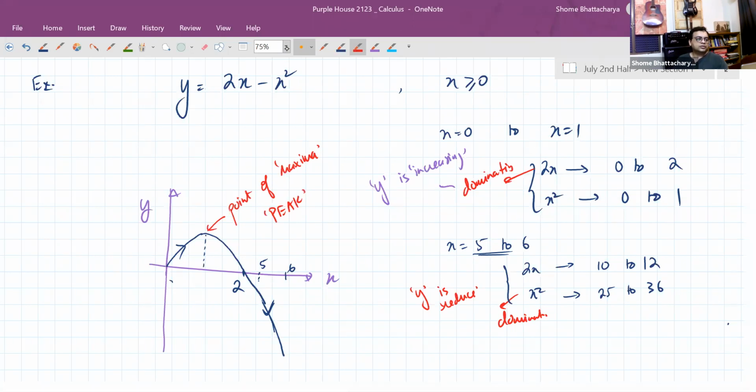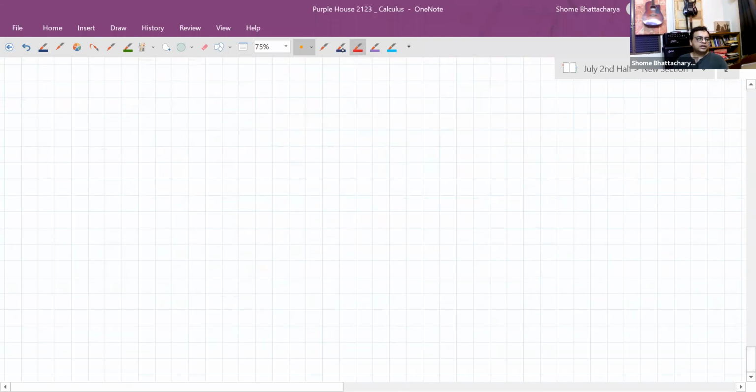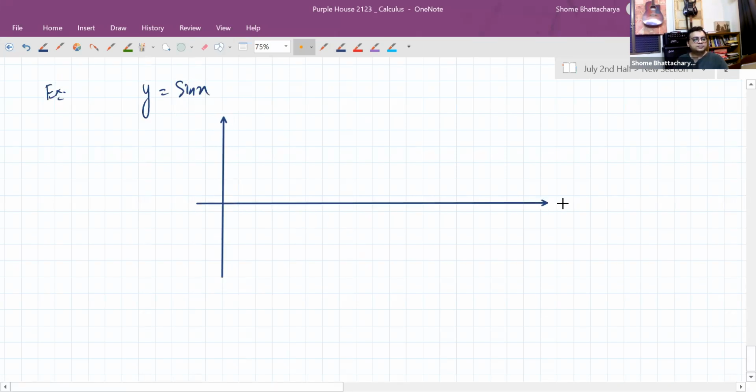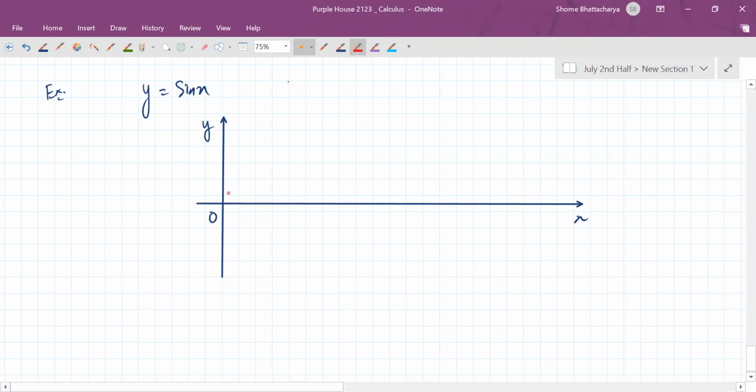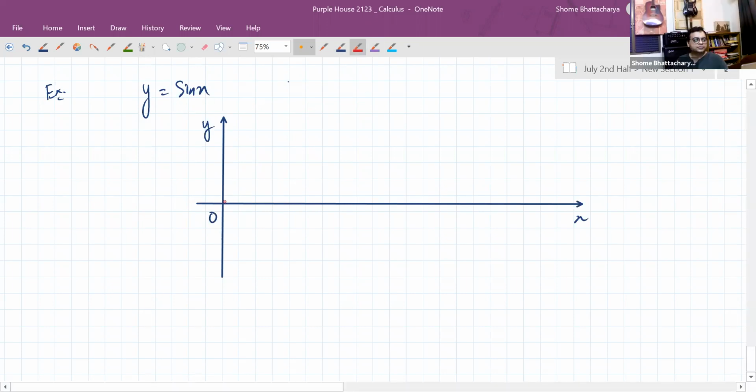Okay. Now, similarly, if you think of another example of a graph which has peaks and dips, you can just visualize the graph of y equal to sin x. You can see the behavior of that function is such that it keeps peaking and dipping and then again peaking and dipping. We discussed y equal to sin x as a periodic function as x increases. Yes, sir. Every time you complete 360 degrees or 2 pi, it again repeats the cycle.